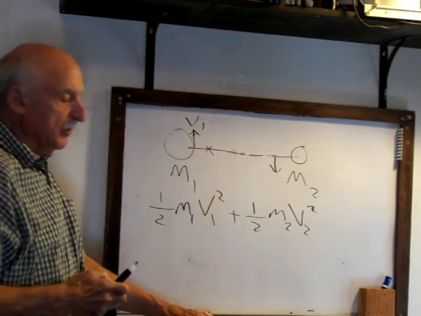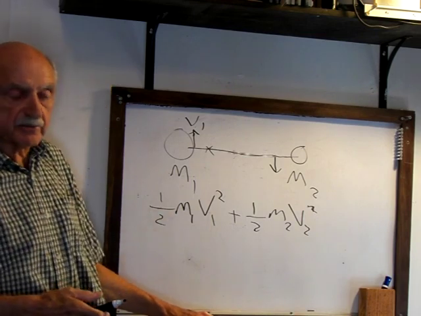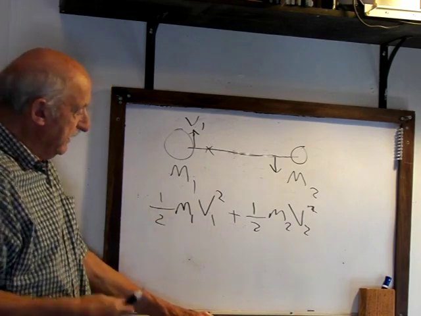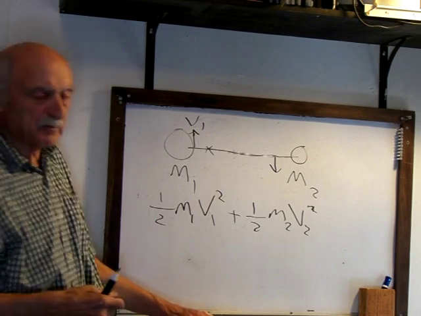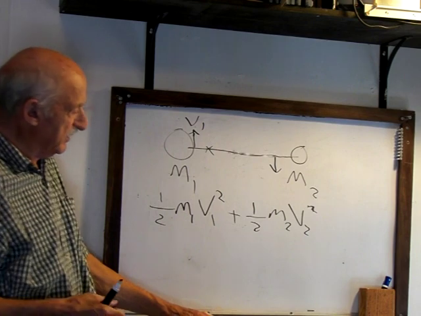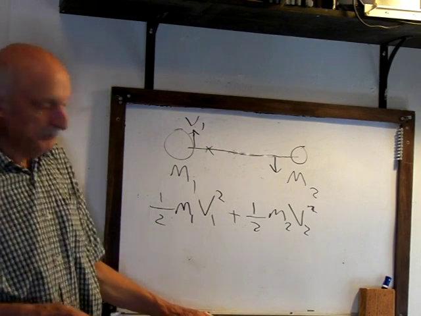So there are two masses in this total kinetic energy of the system, but they're not multiplied together as they are in potential energy, and it just seems strange that you can convert the one to the other.